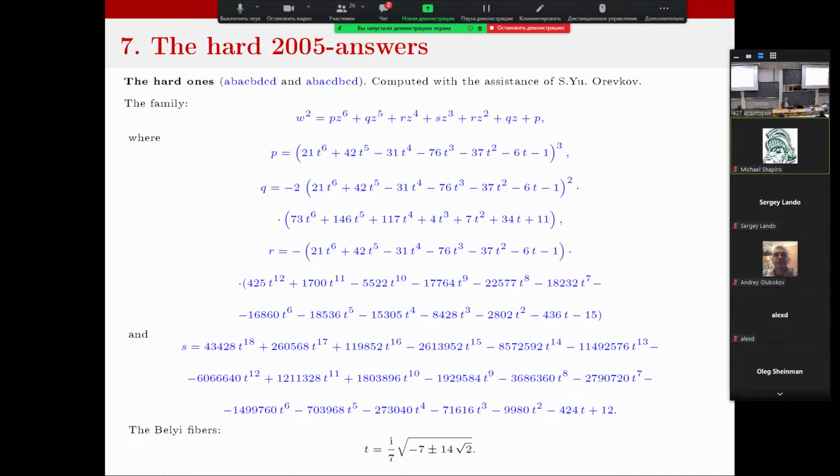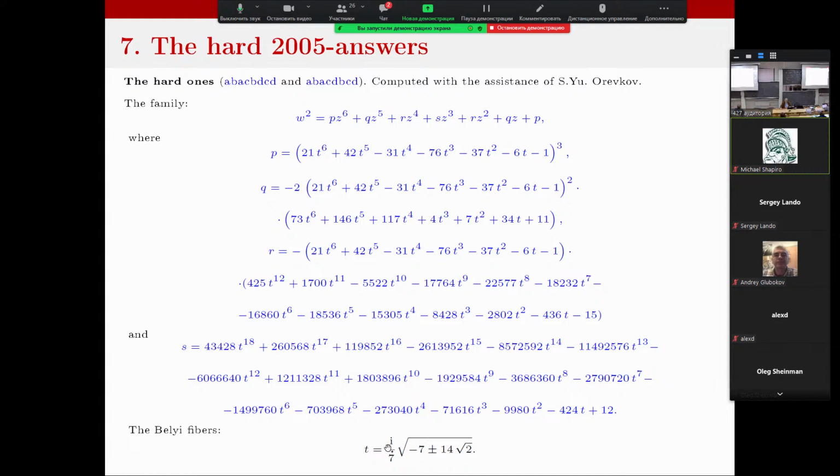It can be deduced from general considerations without calculations, and it can be understood that the field of definition is a real quadratic field, but for the time being we don't know how to find the discriminant of this field without calculating it.